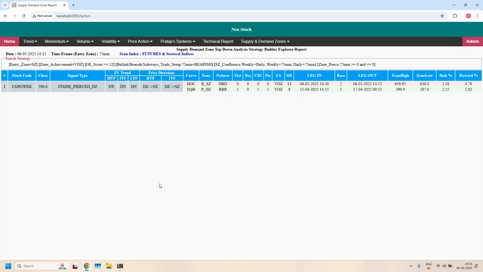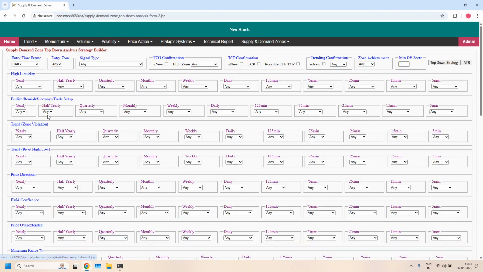Next we will look into sideways, bullish and bearish trade setups for daily income trade. For the daily income trade sideways long setup, the entry time frame is 15 minutes and the entry zone is the demand zone. I am selecting sideways long, zone achievement violated opposing zone, and minimum odd enhanced score 11 for sideways.